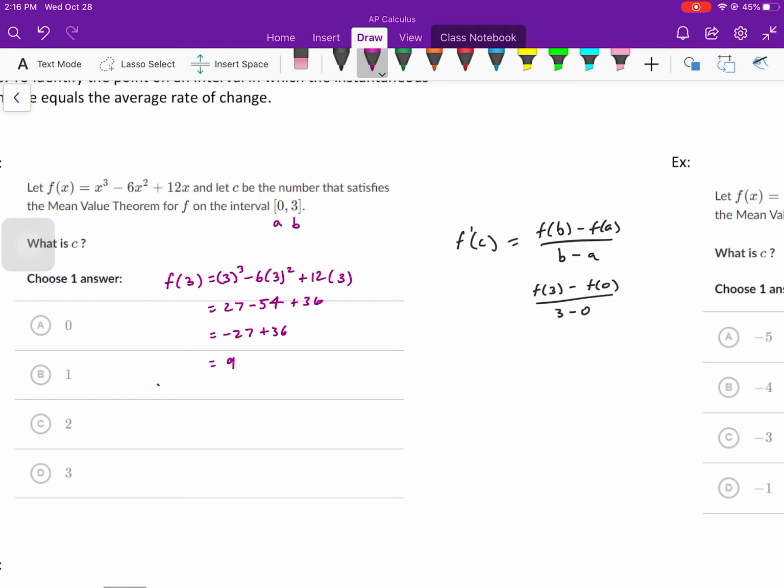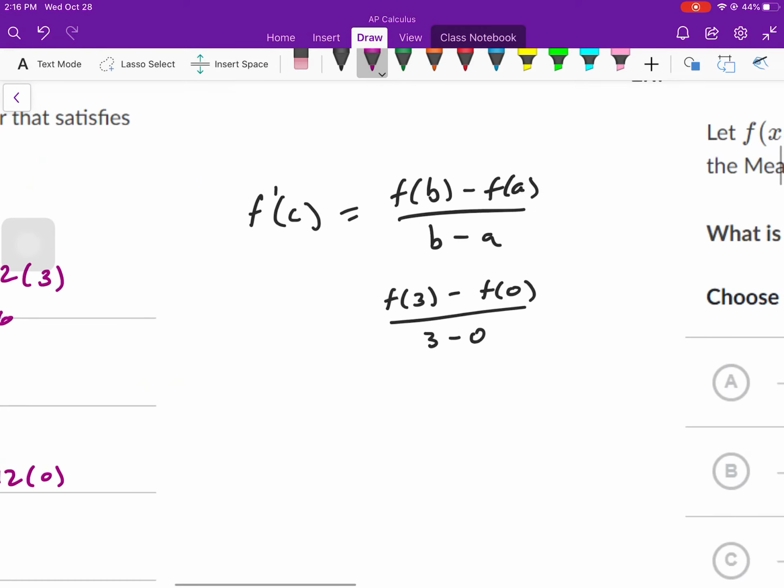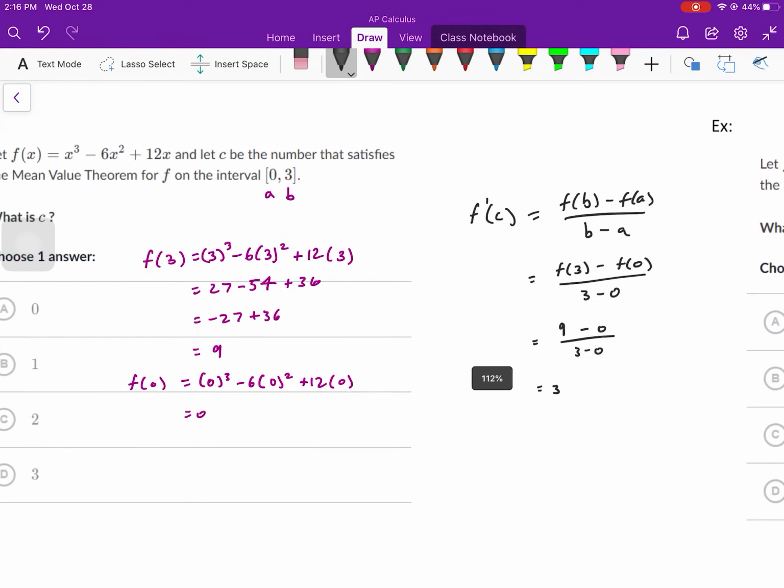And then for f of 0, same exact thing. We just plug a 0 in. That's actually going to zero it all out in this problem. And so plugging that in, we're going to have 9 minus 0 over 3 minus 0, which is 3.